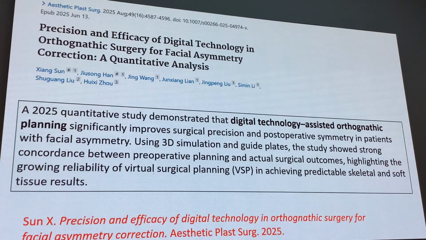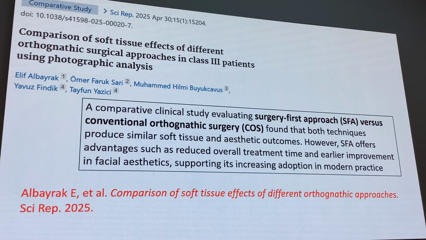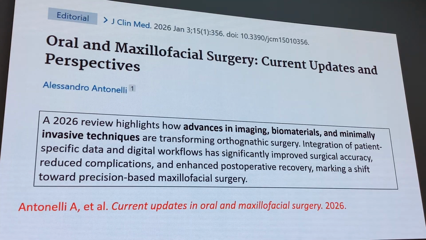These are some excellent articles. Thanks to my colleague in my department for giving me some good articles which are of use to all of you. I'm sure it is coming to you, you don't have to take a picture. This is on digital planning. This is on comparison of various approaches. Maxilla-first approach: current updates and perspectives 2026.